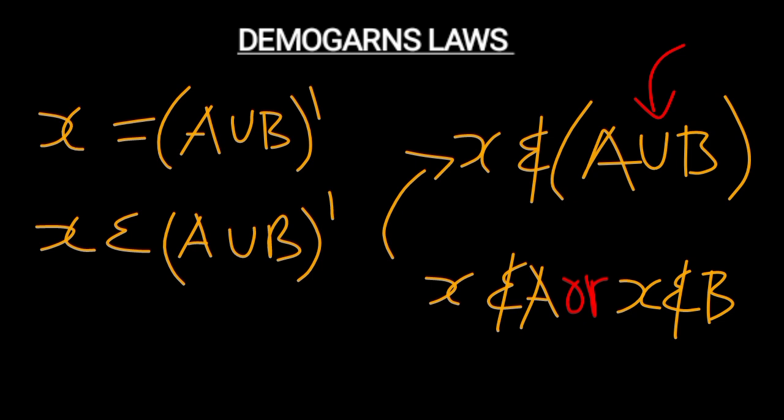Now from there, if X is not a member of A, it's obvious that X will be a member of A complement. Even here for B, we have said that X is not a member of B, so X will be part of B complement.